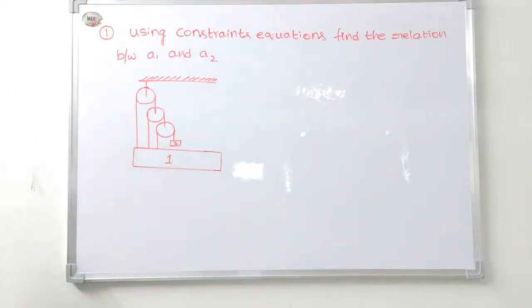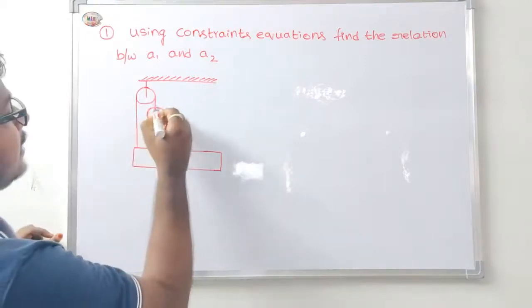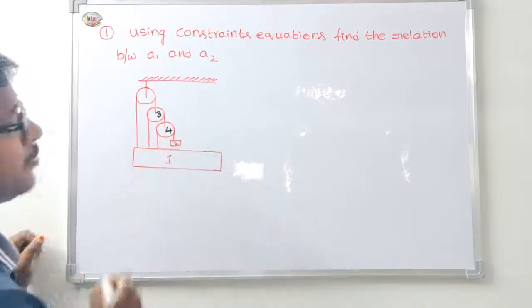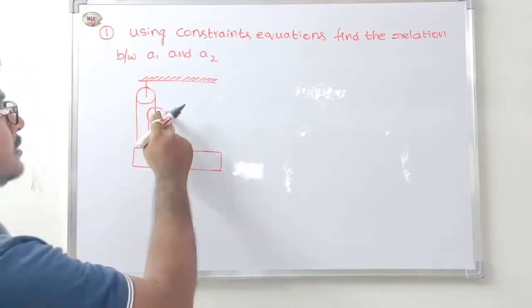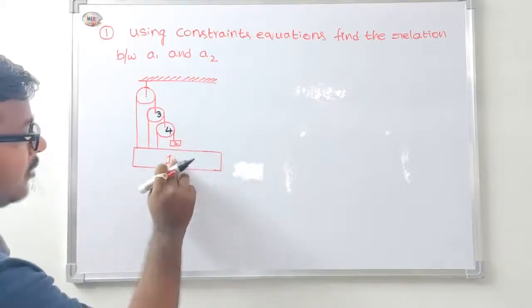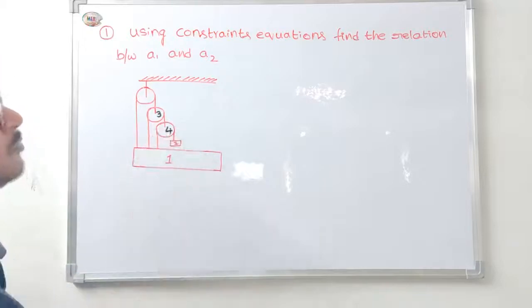In this problem, these are points 1 and 2, and I have taken a third point and a fourth point. So let us consider points 1, 2, 3, 4. These are movable points.